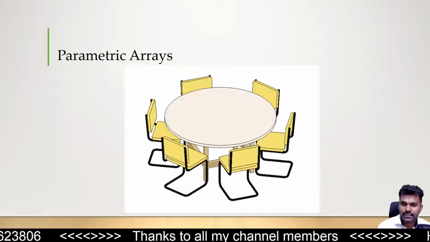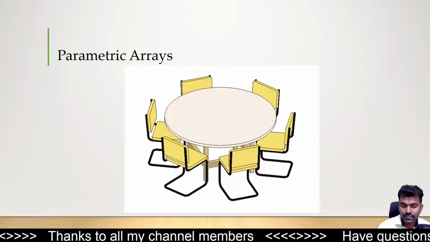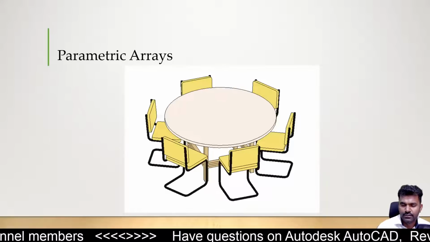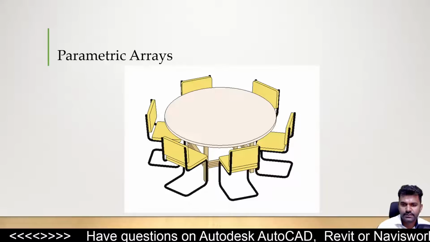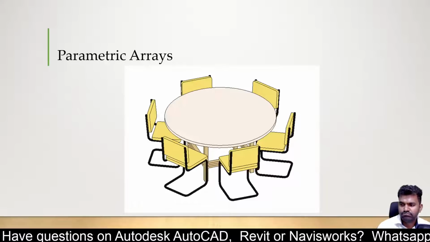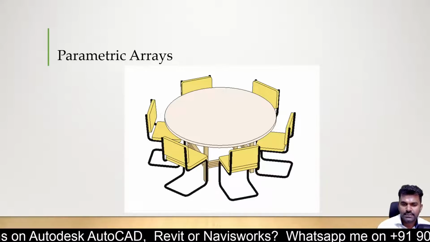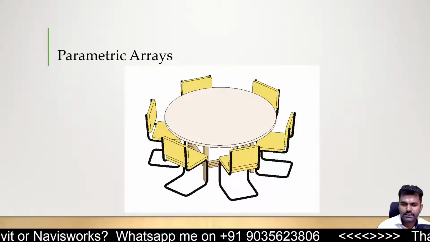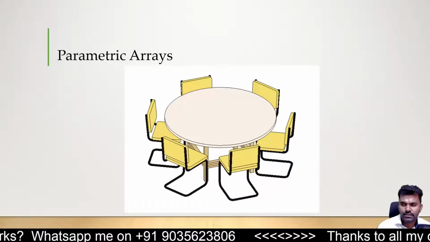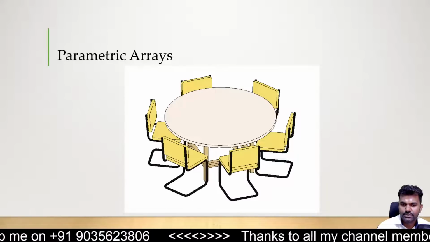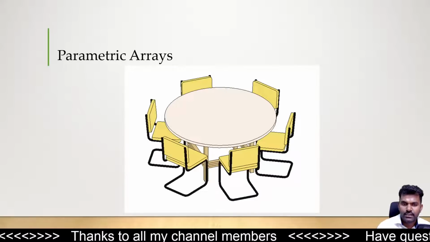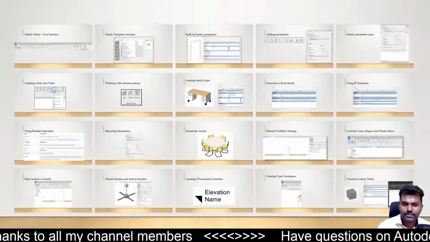You can use a linear array or circular array. That can help you with increasing the number of objects. So here when you are changing the table size, that's going to reduce or increase the number of chairs. Okay, let's go to the next one.